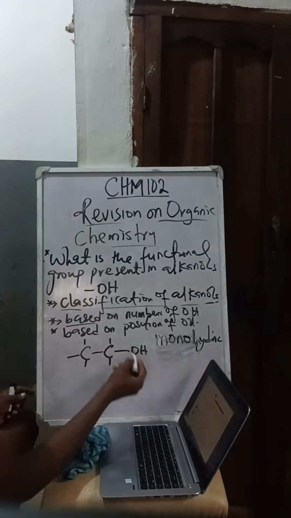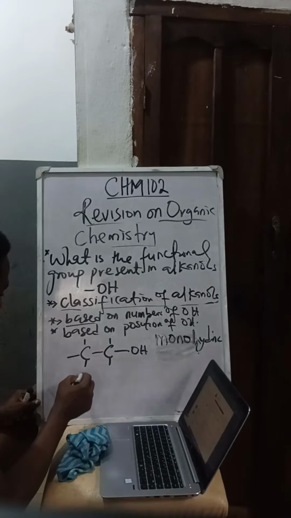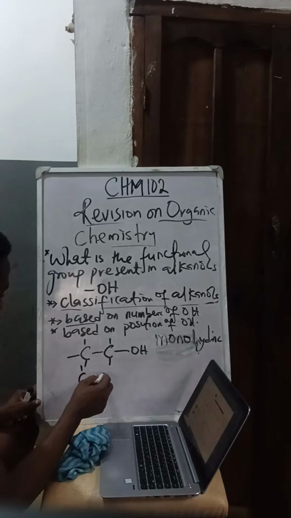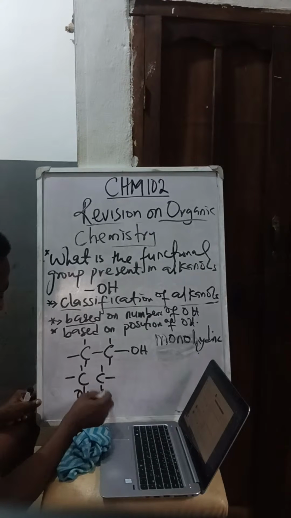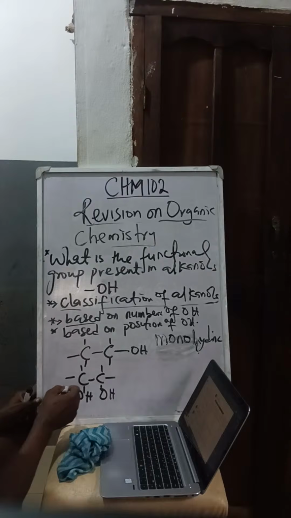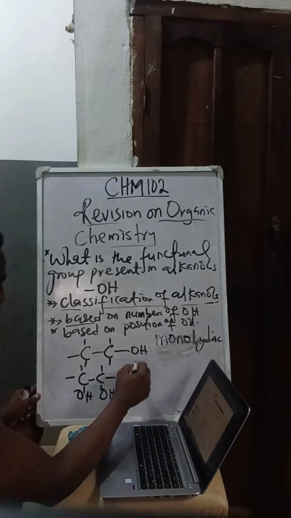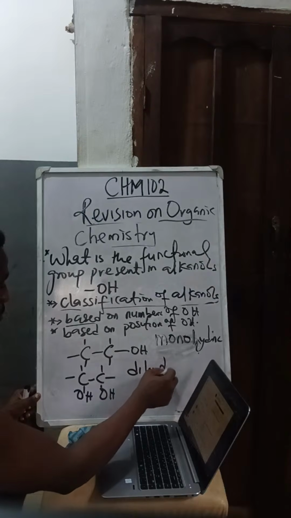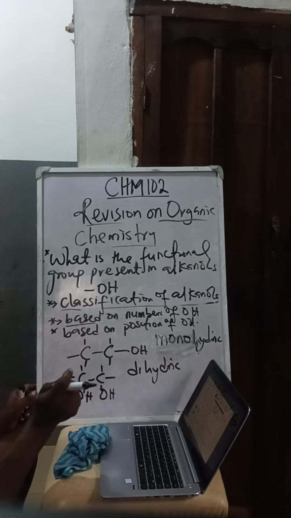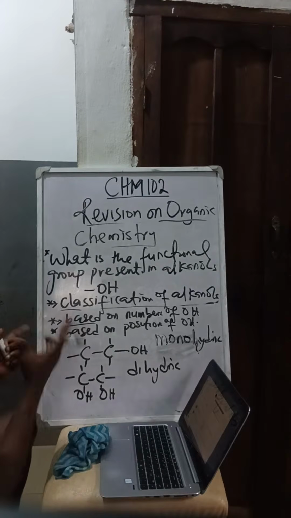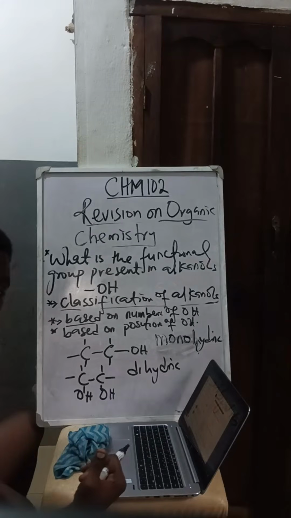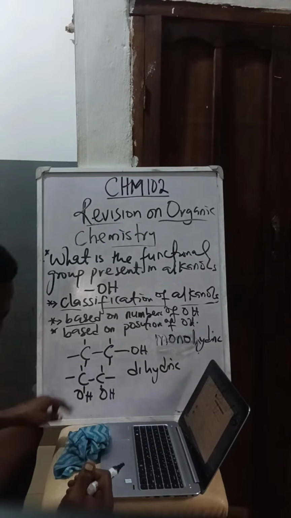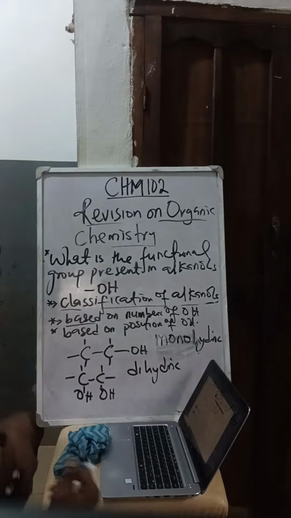Then for two OH, where you have OH here, OH here, is dihydric alcohol. This is classification based on number of OH. Here we have only one OH, and here we have two OH.